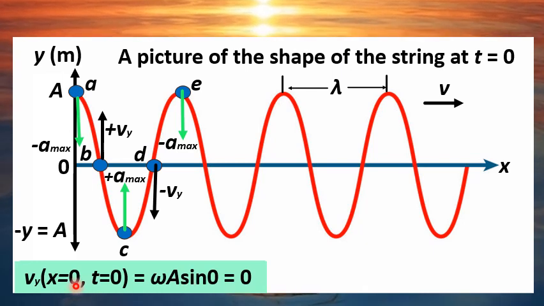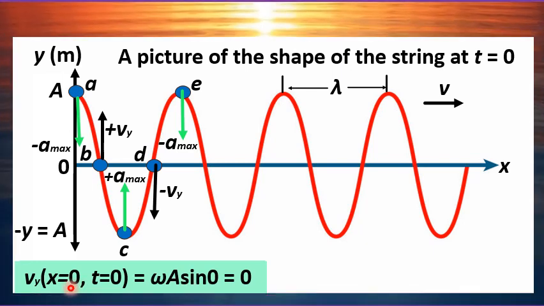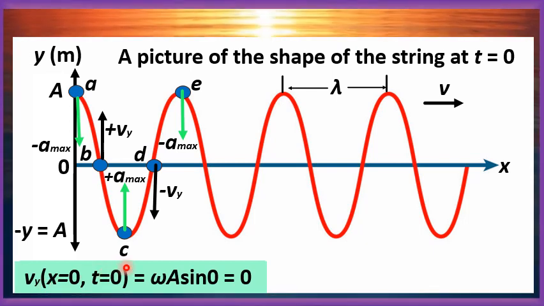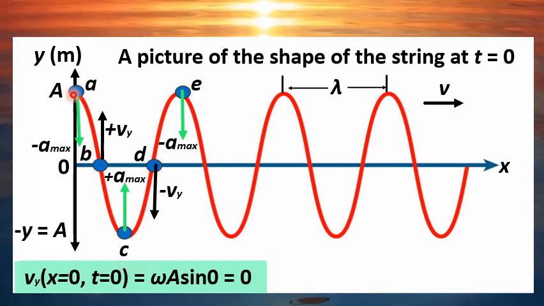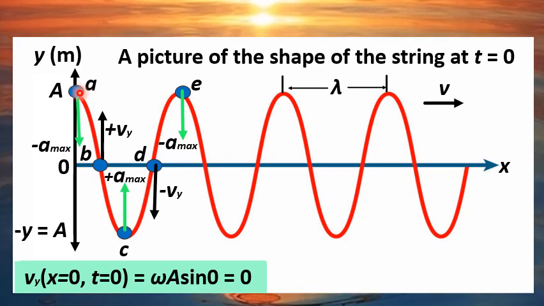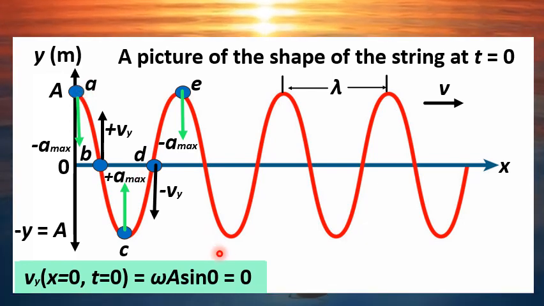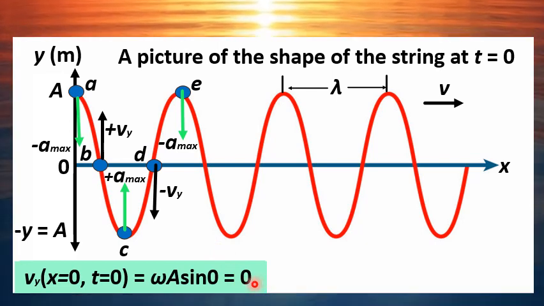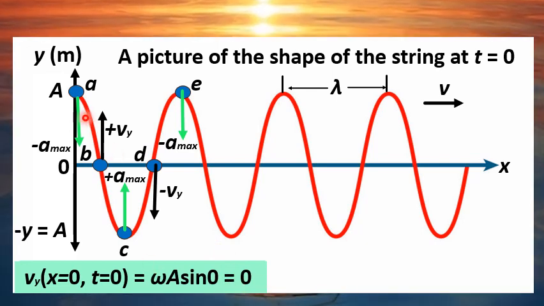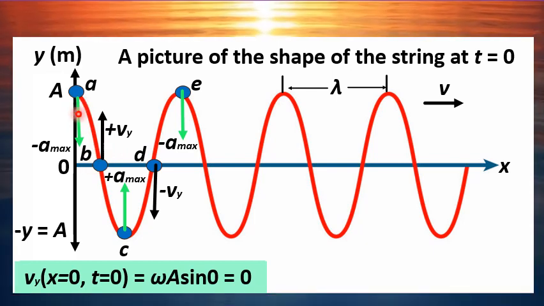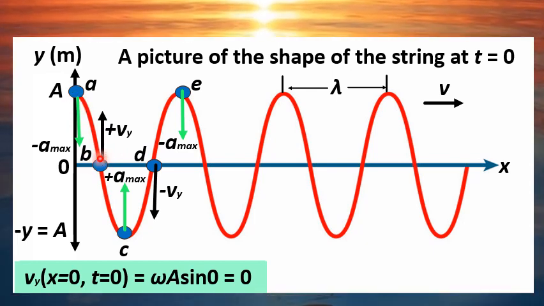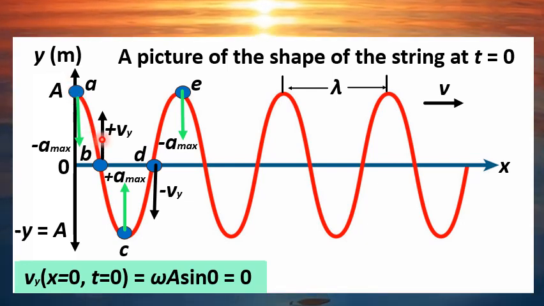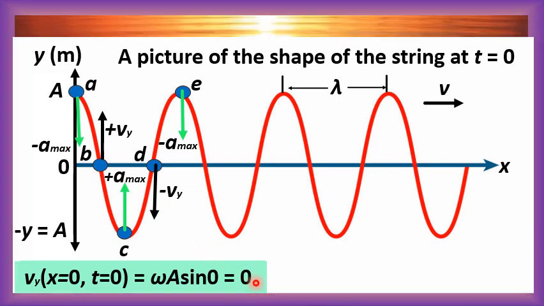In short, the transversal velocity of particle A, which is located at the maximum displacement or y displacement, is equal to 0. So this verifies our earlier description that the instantaneous transversal velocity of a particle located at the maximum displacement is in fact equal to 0.